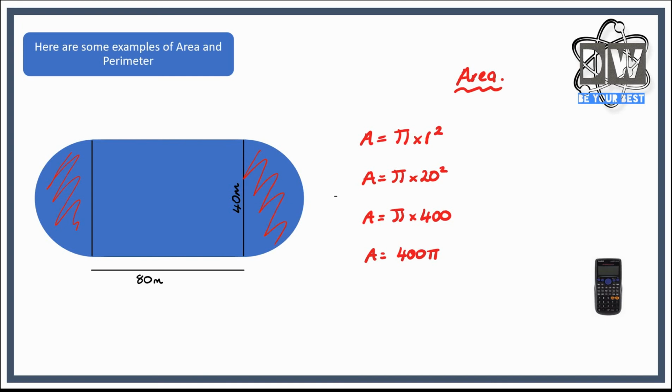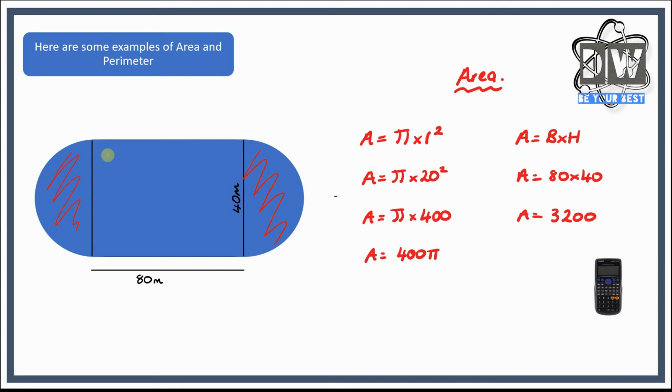Okay? So next up we have the area of the rectangle shape, which is area equals base times height. So we've got area equaling 80 times 40. And if we do those together, we end up with area equaling 3,200. So what are we going to do now?